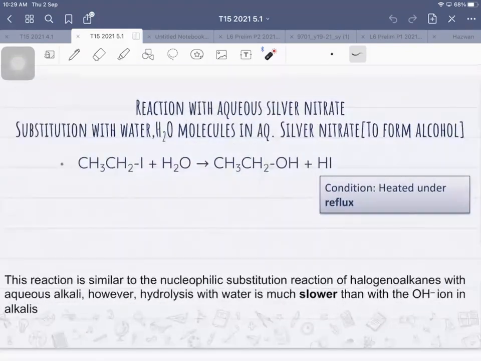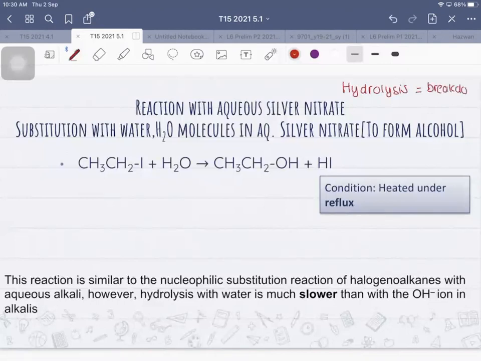Please add this into your notes: it is a reaction that involves breakdown of a substance by water. Hydro is water and lysis means broken down.